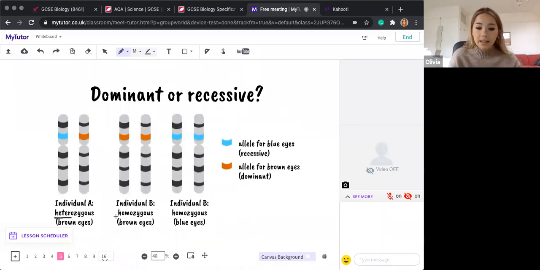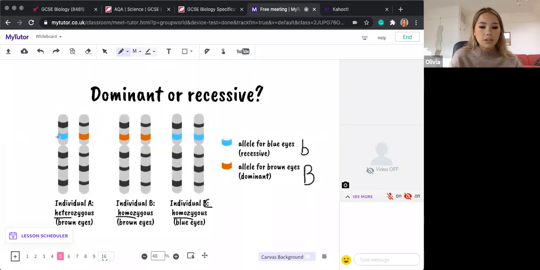Whereas this person here is homozygous because they've got 2 copies of the same allele, and this person is also homozygous, individual C, because they've got 2 copies of the same allele again, but you'll notice that their genotypes are different. If the allele for brown eyes was dominant, we normally represent dominant alleles as a capital letter, and we normally represent recessive alleles as a lowercase letter.